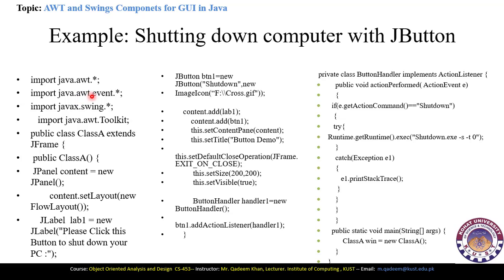Similarly, java.awt.event contains the classes for event creation. For example, the button handler event is implemented in the java.awt.event package. Also, we have javax.swing. In this package, the classes of JLabel and similarly JButton are implemented.